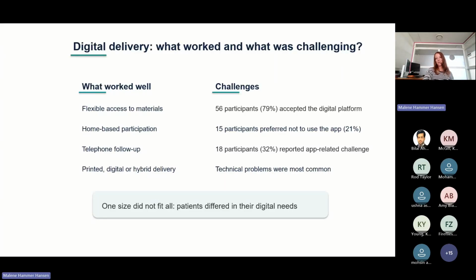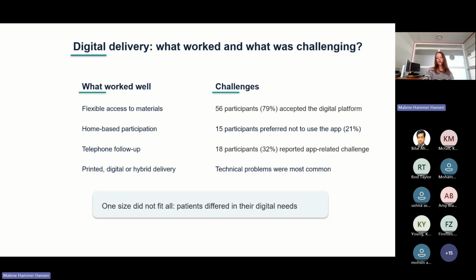So far I've talked a lot about the program as a whole. So now I would like to focus on the digital platform due to the topic for today. So overall, we were actually pleased to see that most participants accepted the digital program. In fact, almost 80% chose to use it, while around 1 in 5 preferred to use only the printed materials.